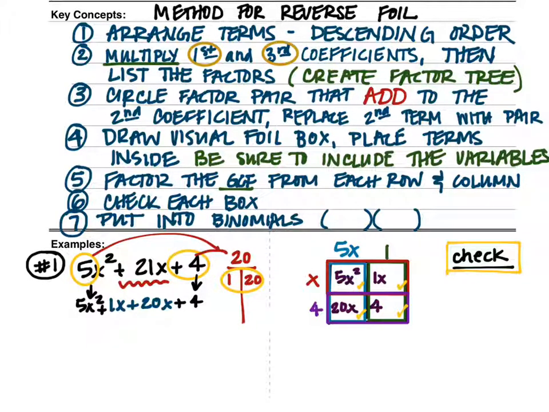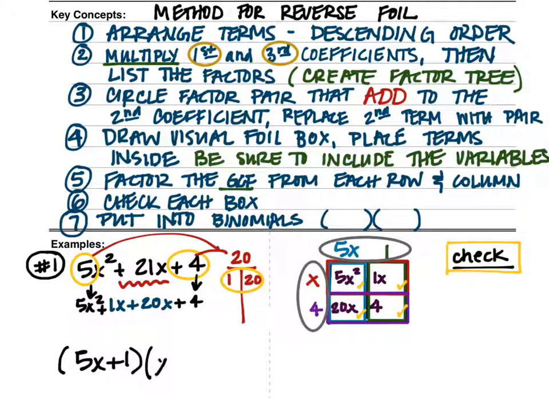In doing that, I'm going to place the GCFs, the greatest common factors, for my columns into a binomial. So 5x and this positive 1. So I'm going to write out 5x plus 1. And my next GCF that I took out from my rows were x and positive 4.